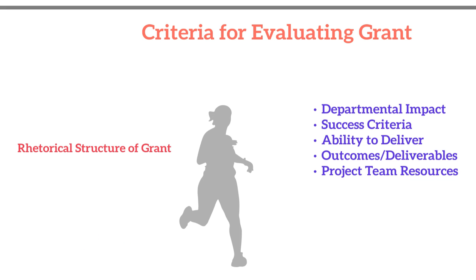So usually in the grant, there are criteria for evaluating the grant. And again, for us, this of course is important because it forms the rhetorical structure of the grant. That is, how are you going to argue your case? So, for example, it could be departmental impact, that is how this is going to affect your department.